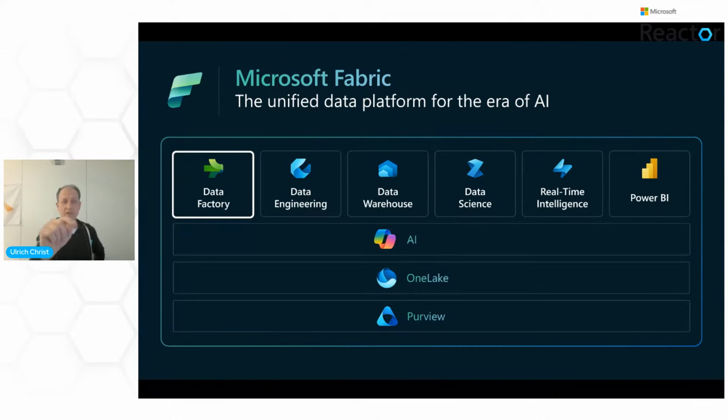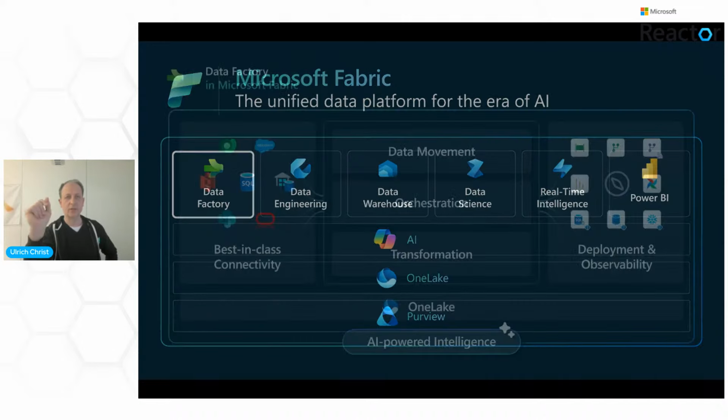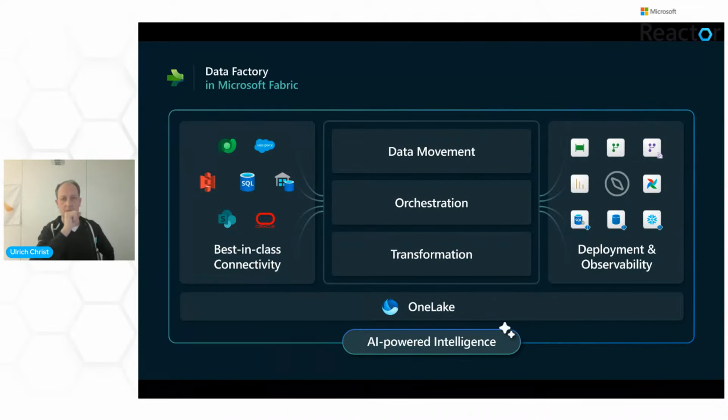Now we're going to focus on the Data Factory piece and, of course, specifically on SAP sources. But let's start with a brief introduction into the capabilities of Data Factory. Data Factory gives you all the functionality you need for data management in an analytics solution, which starts on the left-hand side with best-in-class connectivity. We have out-of-the-box connectivity for hundreds of sources.